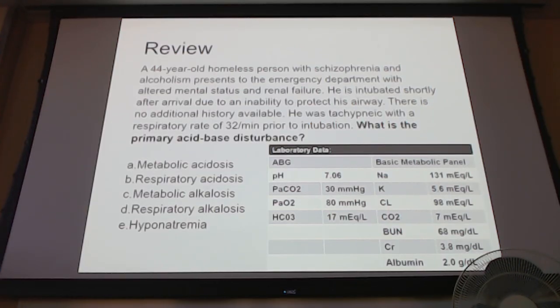Alpha. Metabolic acidosis. So we know the patient's acidotic, right? pH 7.06.